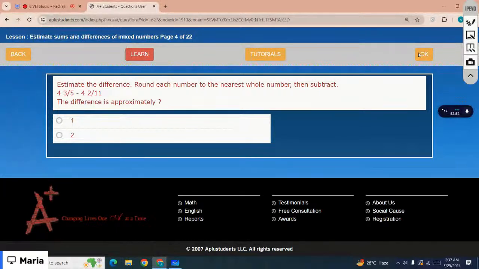4 whole 3 over 5 minus 2 whole 2 over 11. So which is the correct option? The correct option is 2. Option number 2 is the correct option.